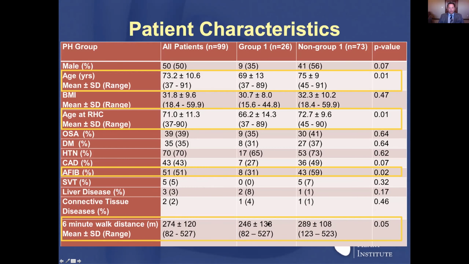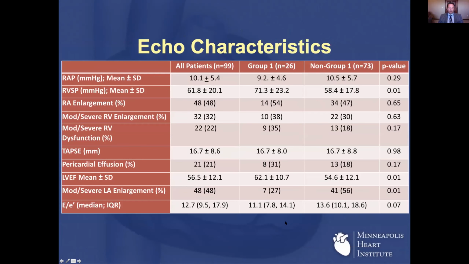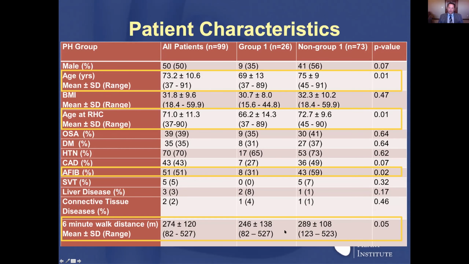And 6-minute walk distance was also different between groups, with the PAH group only able to walk about 246 meters on average versus 289 meters in the other group, with a notable range within each group, ranging from 82 meters, which would be a very severe low distance to walk in 6 minutes, versus 527 meters, which would classify as an Olympic track star in the PAH groups.